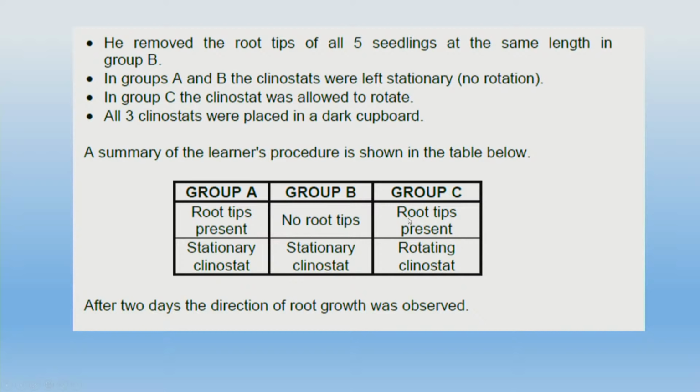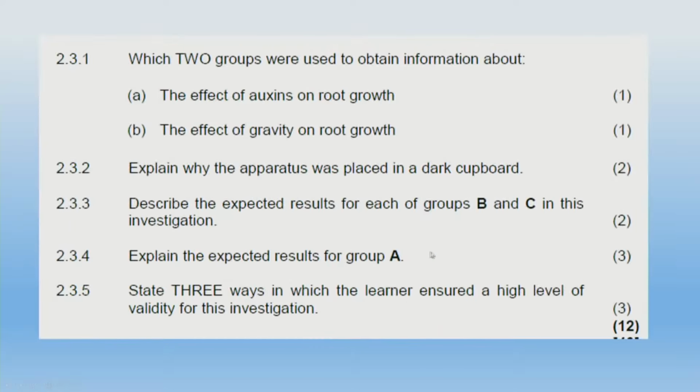Remember that we have said that with group C, we have the root tips, but now the roots, they won't change the direction because of what? Of the rotating clinostat. So the answer for that, you will just say that the roots will grow horizontally, not change the direction. Because of what? Because the clinostat was rotating.